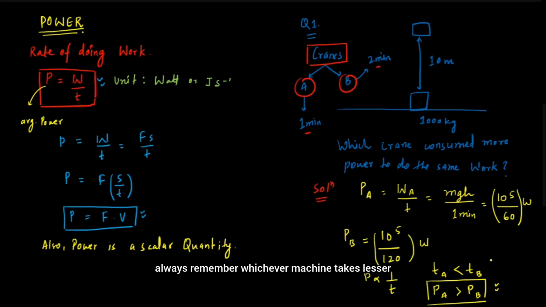Always remember, whichever machine takes less time to do the same job done by another machine in more time will consume more power. It is inversely proportional to time. A device taking less time to do the same job simply means it must have consumed more power. So this is how you are supposed to think about power.